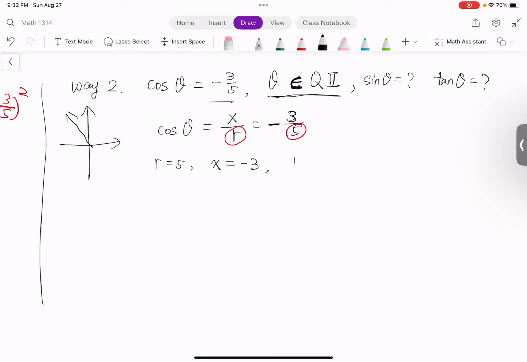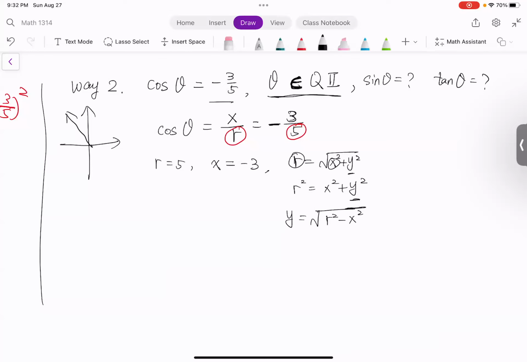How about the y? We have learned that there is a formula r equals the square root of x squared plus y squared. And r and x are given. I'm looking for the y. I square both sides. r squared equals x squared plus y squared. So isolate the y. y equals the square root of r squared minus x squared.